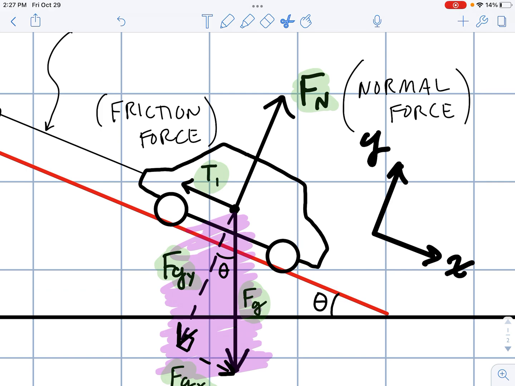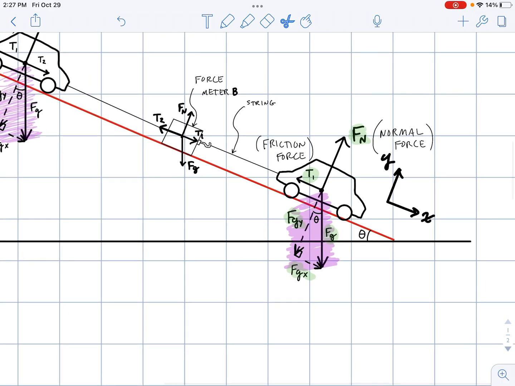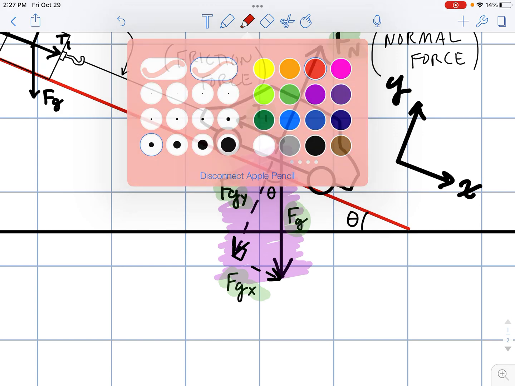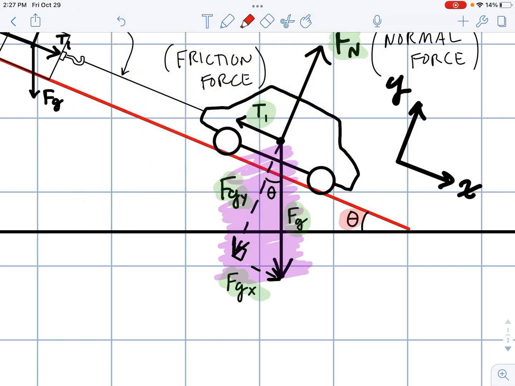So now we have a component of gravity in the x direction and a component of gravity in the y direction. We need to use this little angle right here, which is the same angle inside that triangle between FG and FGY. In this example, our theta value is 30 degrees.